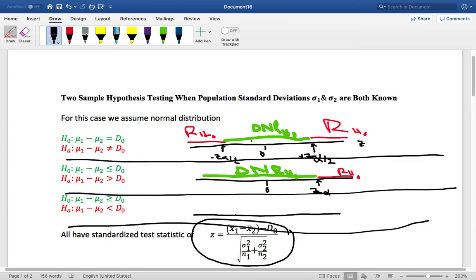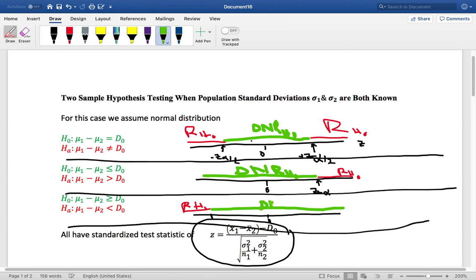I'm not going to have enough space to do it all as I wanted to, but this is going to be 0. And the critical value is going to be here. The reject zone is going to be over here to the left, reject H0. And the do not reject zone is going to be over here to the right-hand side, do not reject H0.